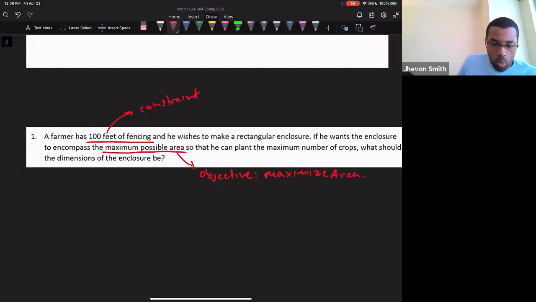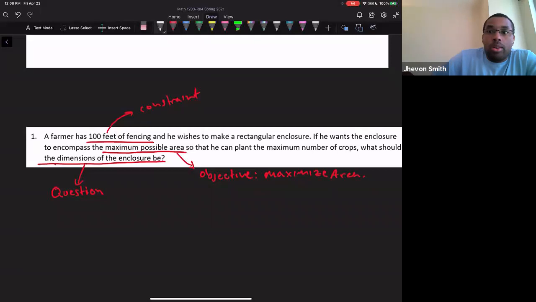Then they ask you, what should the dimensions be? That is the question. At the end of the day, your final answer should be, the dimension should be this. The length should be this, the width should be this. If you do not make that statement, you have not answered the question, and you will of course lose points for that.